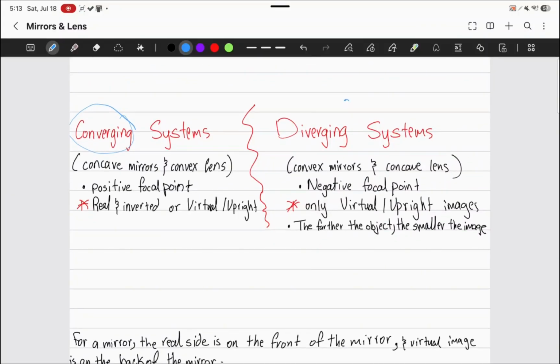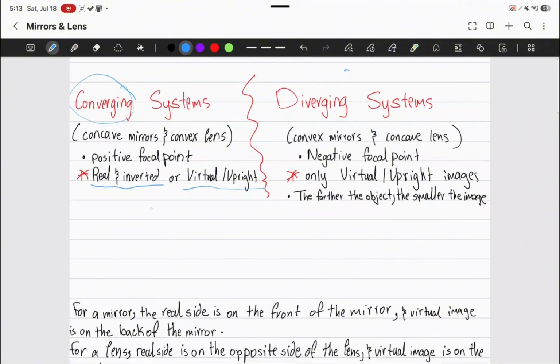And when it's converging, that means that it has a positive focal point, and it can either be real and inverted, or virtual and upright, depending on where the object is. It all depends on whether it's before the focal point, after the focal point, or after the center of curvature.